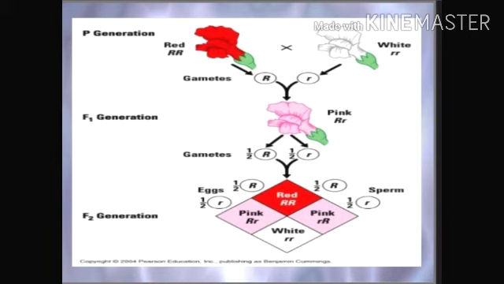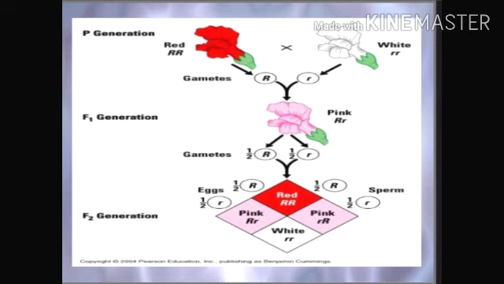In the given figure, you can see the parents, which consist of capital R capital R and small r small r, and after that gametes will be produced, capital R from the red and small r from the white. After the mating, in the F1 generation, a pink flower will be produced, which has both red as well as white character.